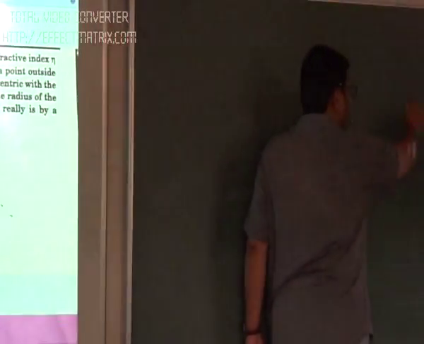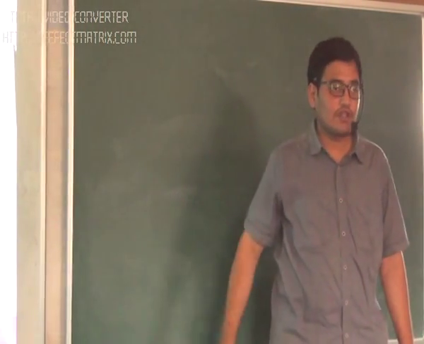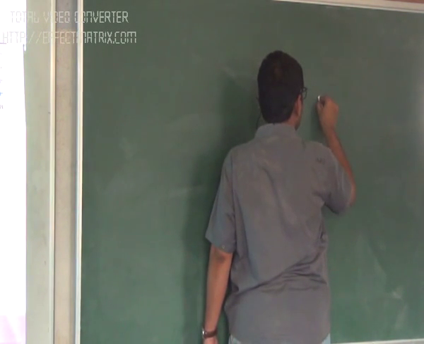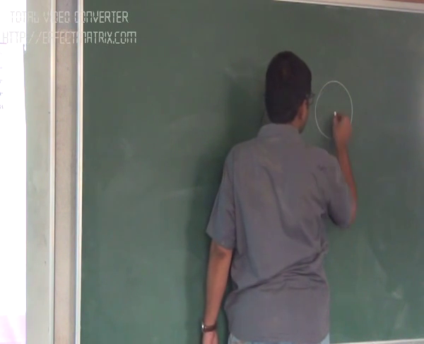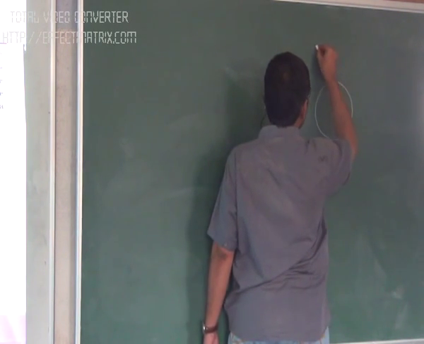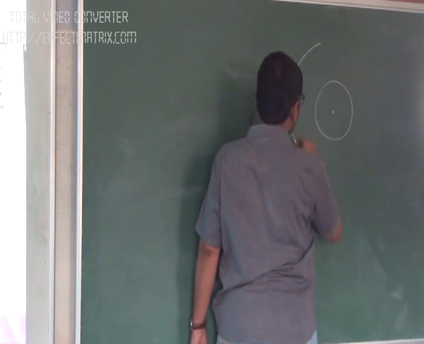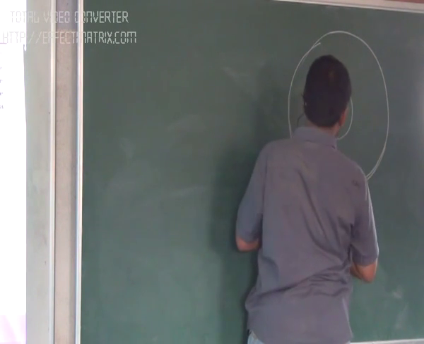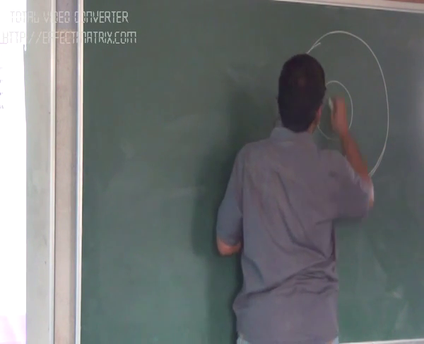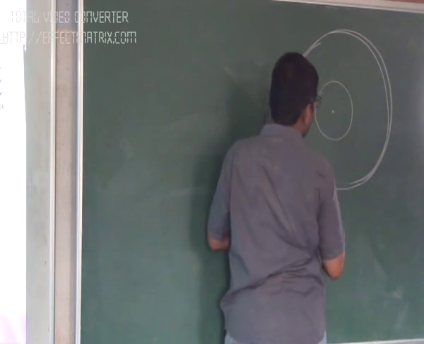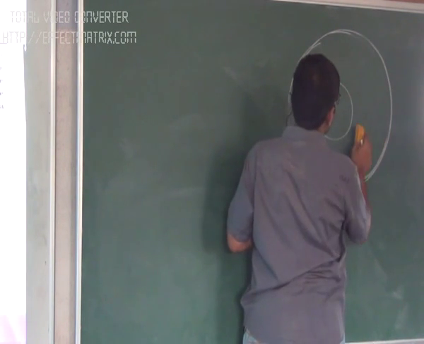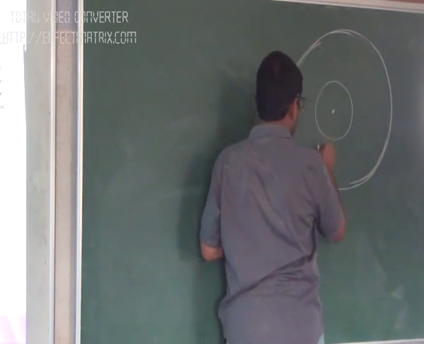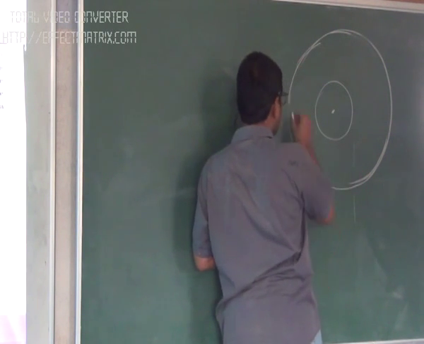Now let us draw the ray diagram for this given question. Okay, first of all, he gave this as 2r.